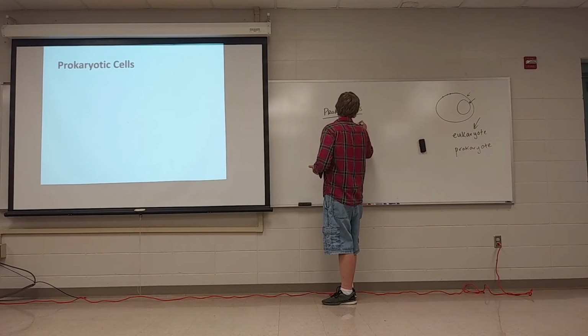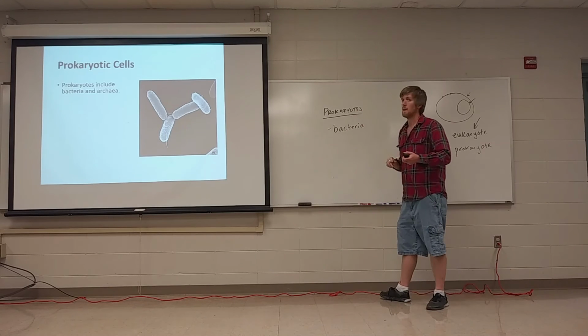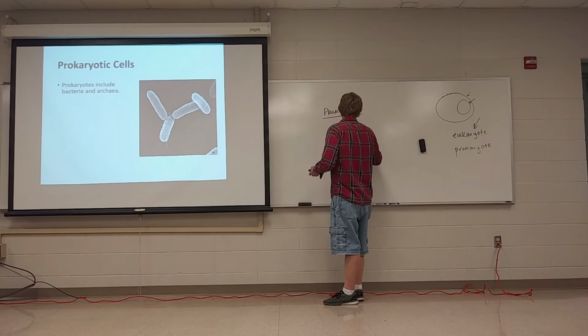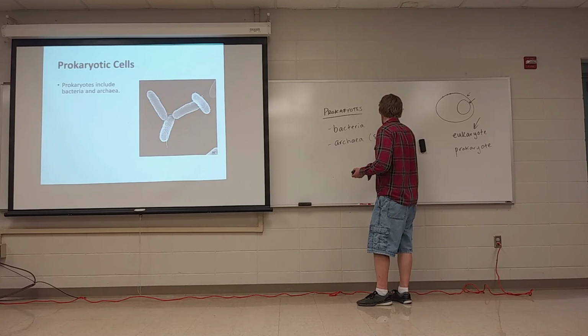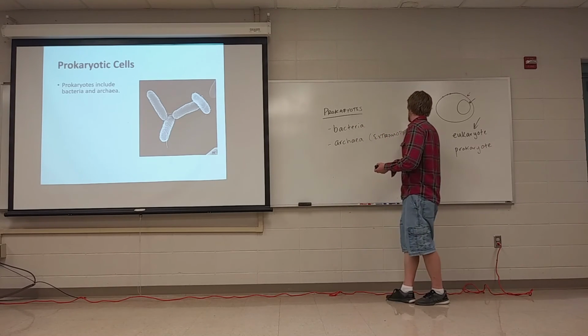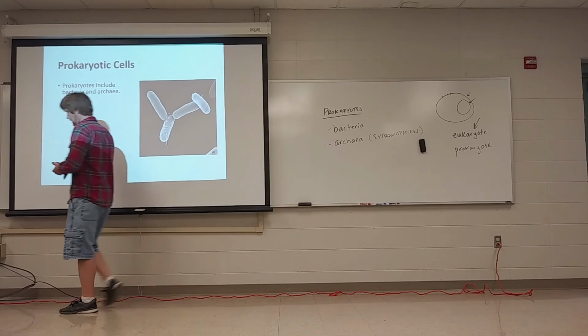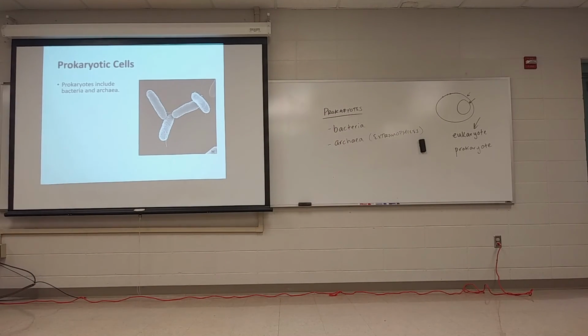The familiar one is the bacteria. The less familiar one is archaea. If you remember them, they're the ones that live in the extreme environments, like geysers and deep sea vents and such. So, main defining feature of prokaryotes: they do not have a nucleus.